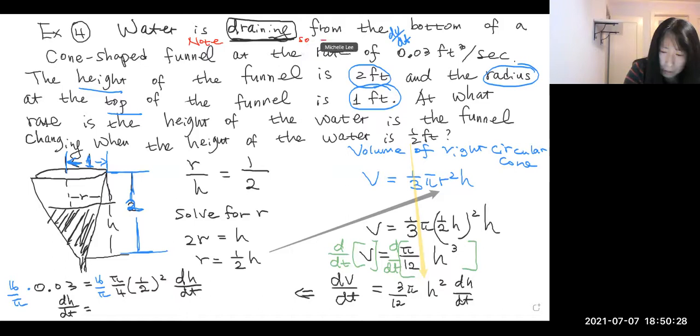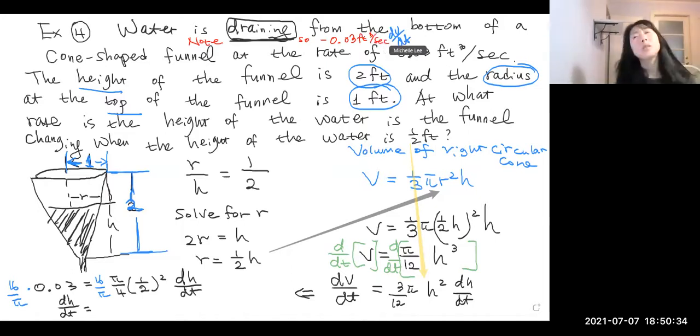So negative 0.03 feet cubed per second for the dV/dt. Okay, so I'm going to use a negative sign there.